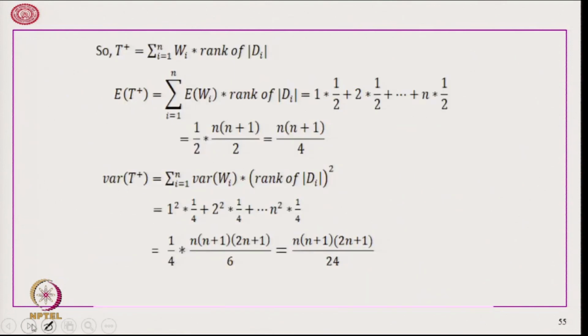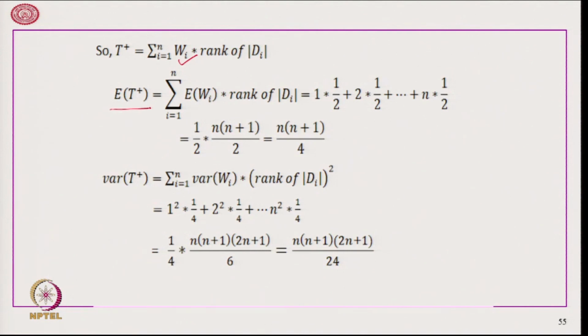Therefore, T plus is equal to the summation of Wi times the rank of di. What it does is consider only those which are positive and add up their ranks. If an observation is less than the median, the value of Wi is 0, so it does not come into the summation.